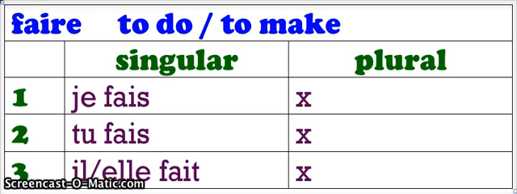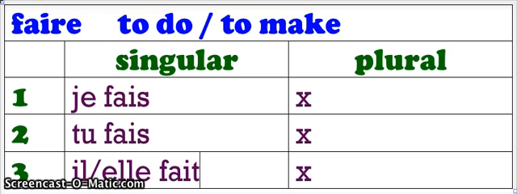Notice a slight change. We just add a T instead of an S, and we have je fais, tu fais, il fait, elle fait. Did you notice that all of those are pronounced exactly the same? Spelled a little bit differently, but pronounced exactly the same. That does make it handy. Je fais, tu fais, il, elle fait. He does, she does. He makes, she makes. All right, that's all our singular forms.